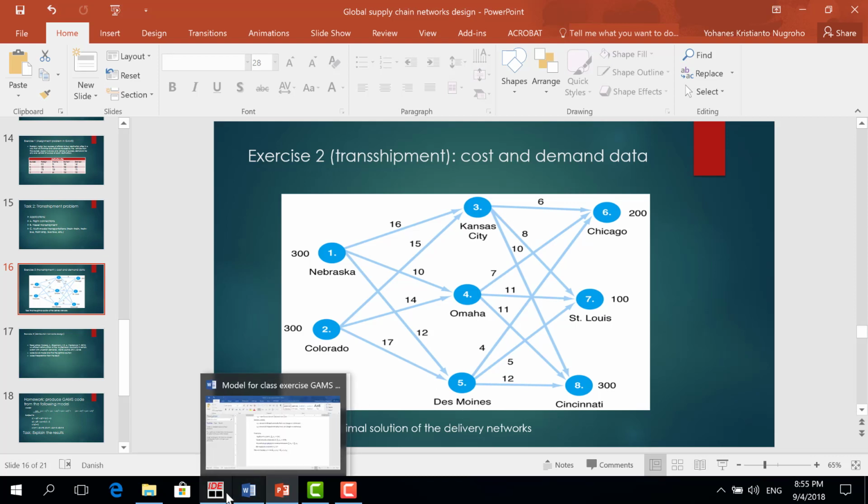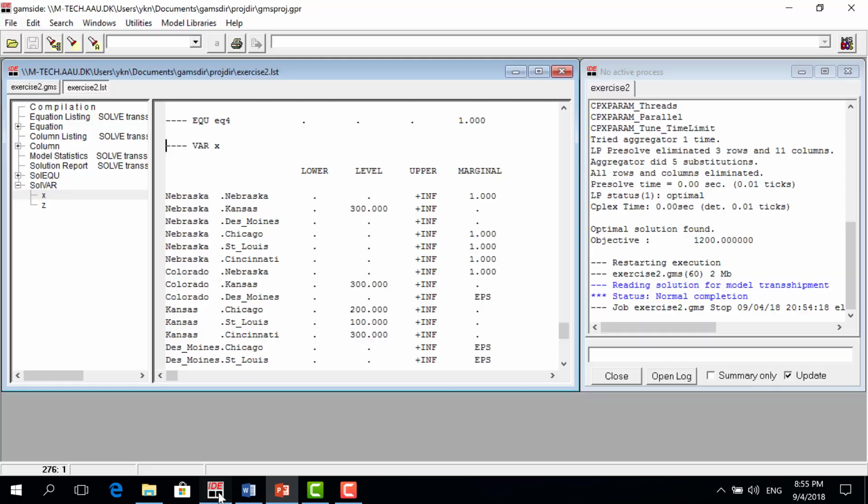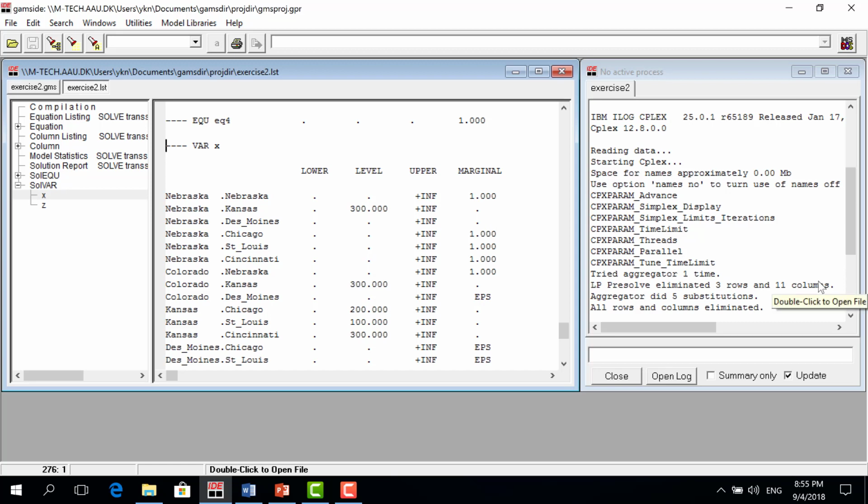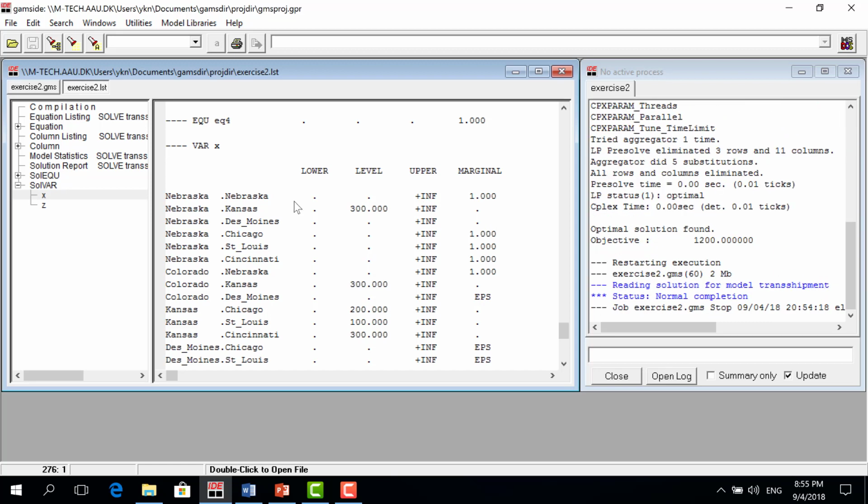So using these GAMS, we have already made the optimal solution for supply chain configuration of the transshipment problem. What important result that we can extract from this model?